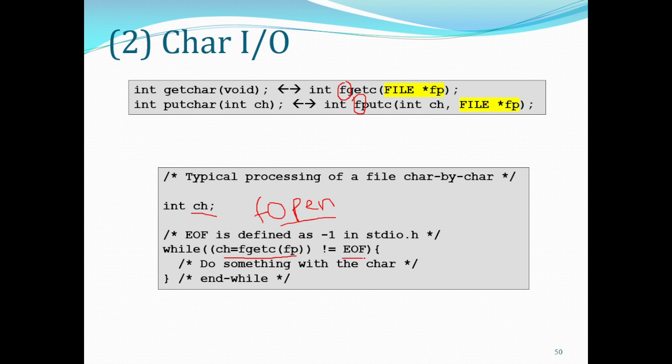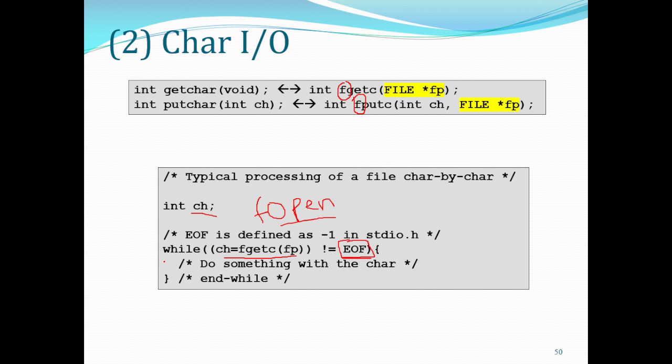So we are reading the file to the end. There is an end-of-file symbol, a special character, which tells me this is the end of the file. That's called -1. When we read the character, we are able to do anything we want.